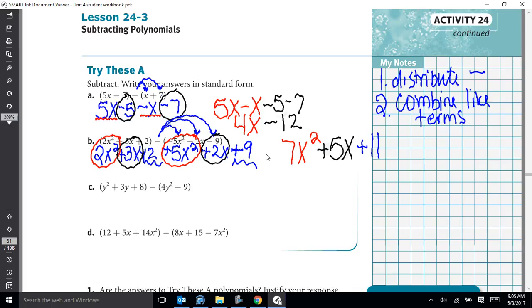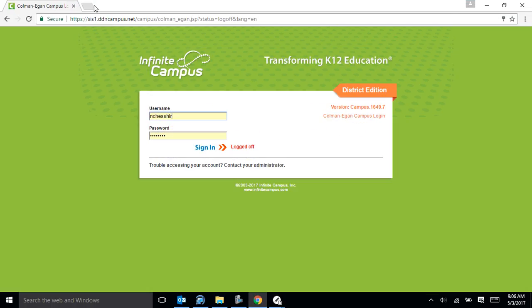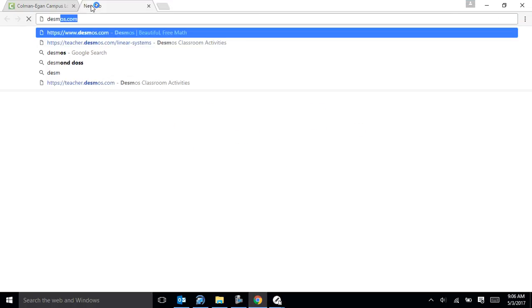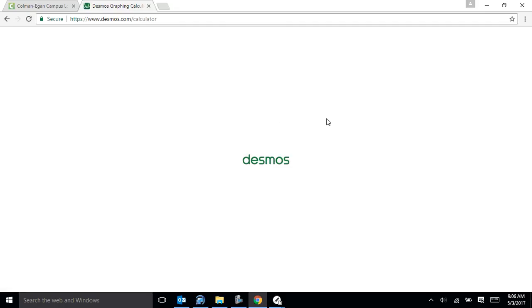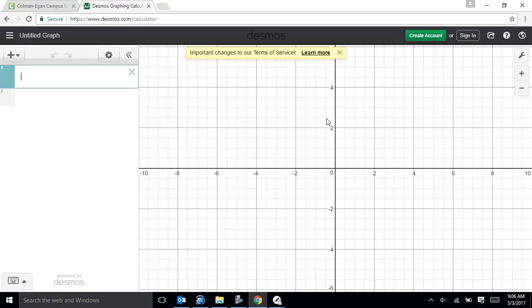Now, a lot of times when you're doing your homework especially, you might second guess yourself, right? You're like, how do I know that I'm correct? Well, with these, something that we can do is go to a graphing program like Desmos. If they truly are the same, what should be true about the graphs? They should be the same.